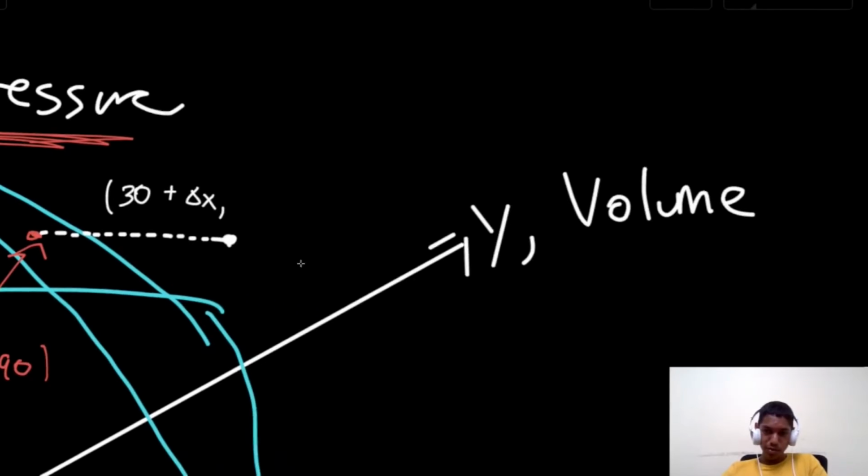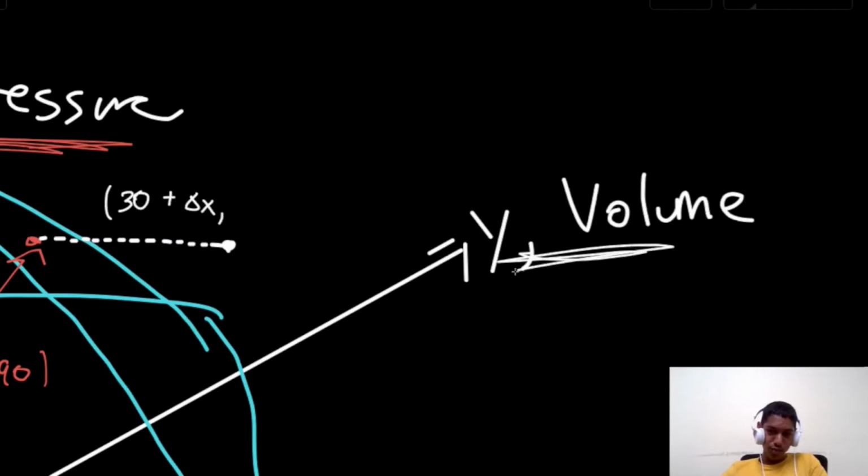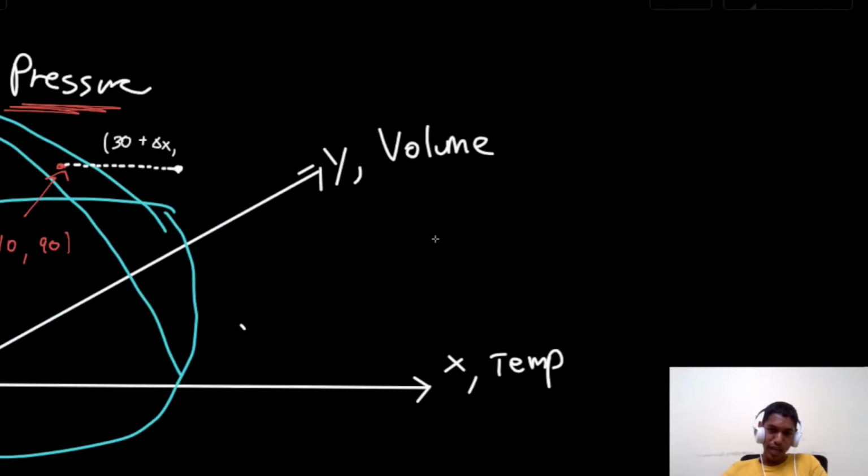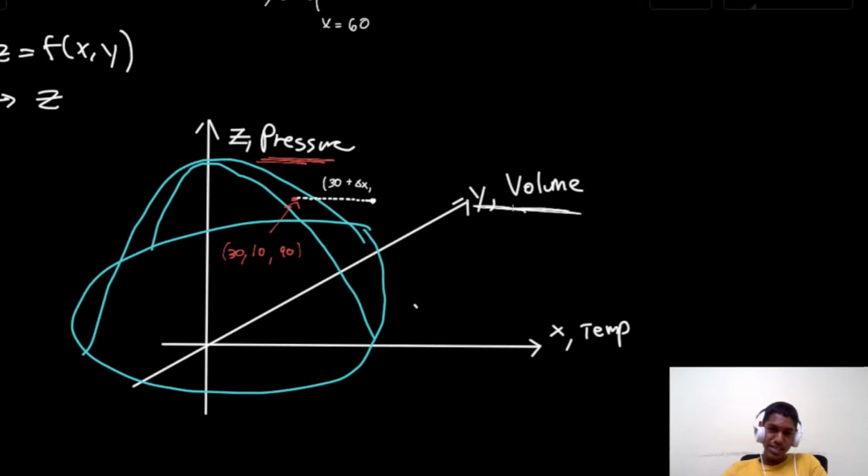And now notice the important thing here is we haven't changed Y at all. And in fact, we're not going to, because we just want to know how, like at this 10 units of volume on this particular container, how sensitive is the pressure to the temperature.